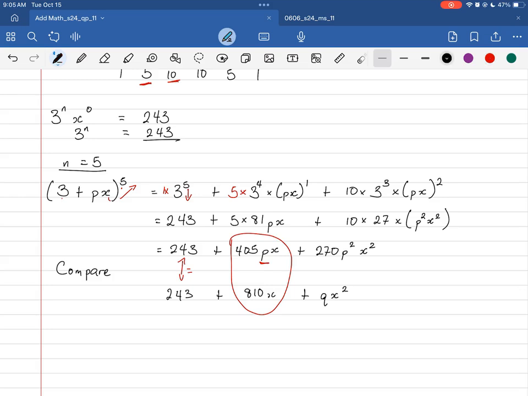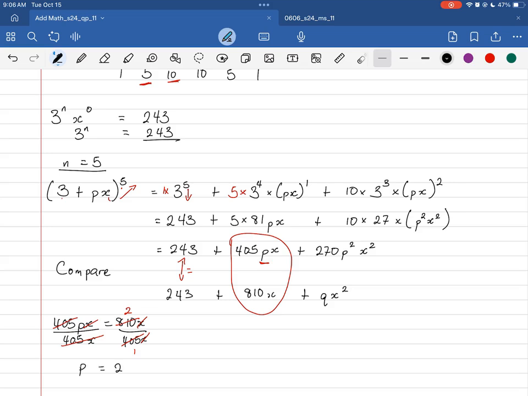So what we have is that 405 px is equal to 810x, and if you divide both sides by 405x, you can find what p is. So the x goes, of course, and then 405 here is 1, 810 here is 2. Again, you can use your calculator to just divide 810 by 405. So you have that p is equal to 2.